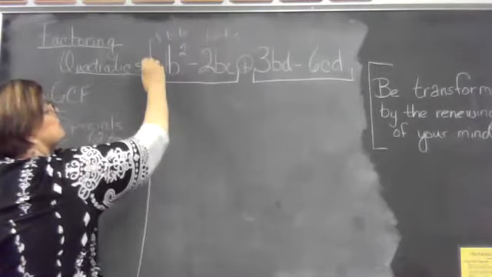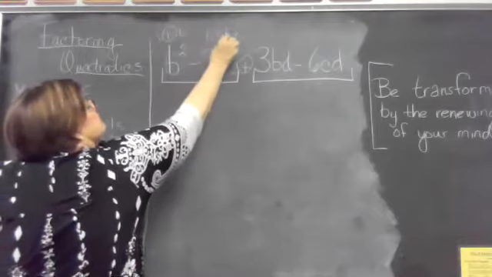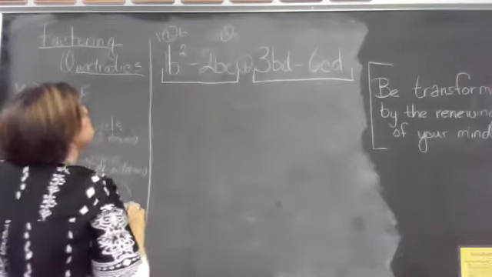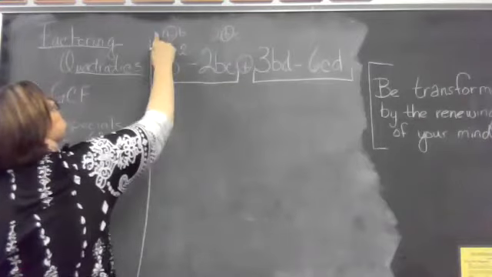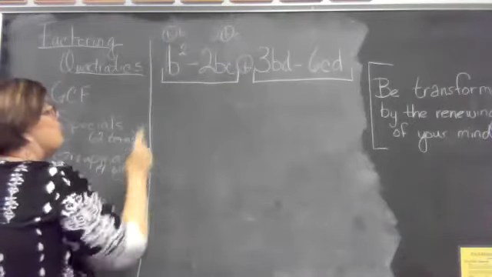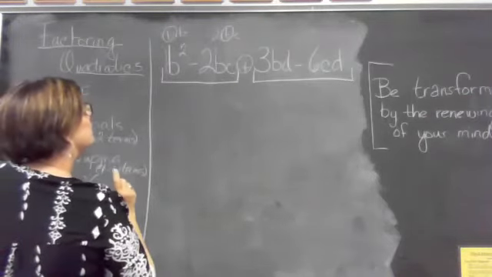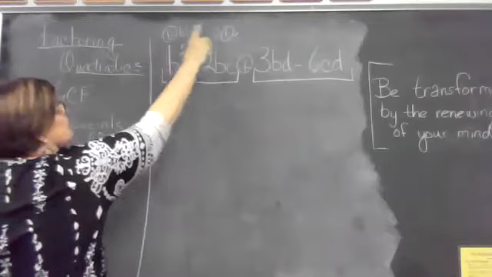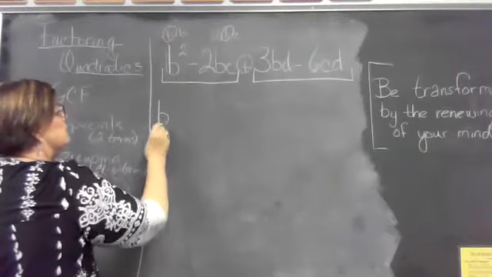It has to match. I see that a B and this B match. Any other matches? Except for the 1, of course, it's invisible, so we don't deal with it. No, there's not another match. Okay, so B is the only thing that matches, so B is our greatest common factor.